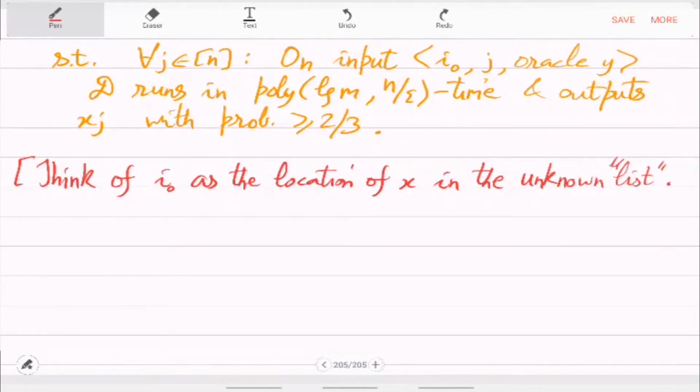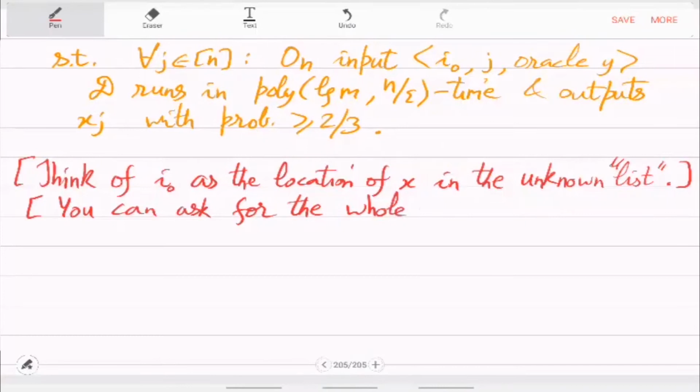And you can ask for the whole x in place of x_j. Because if you can output x_j with high probability, then by repetition you can also output all, because the same i0 will work for all the j's, right. So it is as good as outputting the full string x.